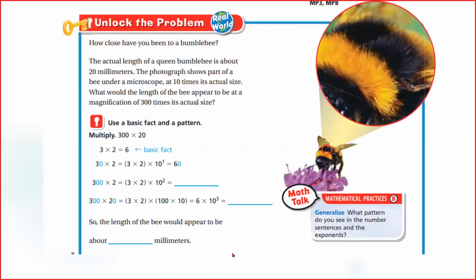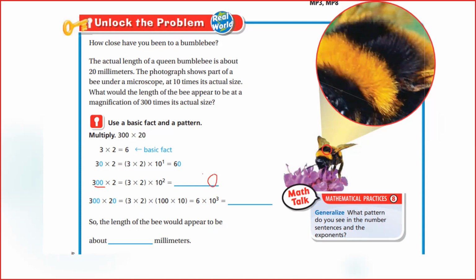Now let's come back here. 300 times 2. As I told you, count how many zeros you have. 2, is it right? Yes, grade 5. How many zeros do you have? 2 zeros.